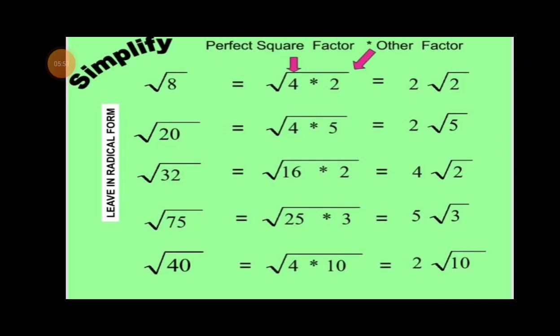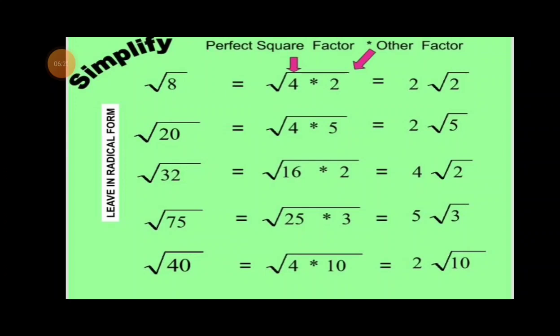So then let's take the square root of the 4. So we have 2, and 5 is not a perfect square, so we just copy it. So we have the square root of 20 is equal to the square root of 4 times 5, which is equal to 2 square root of 5.